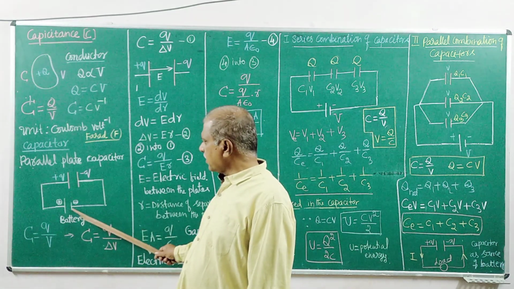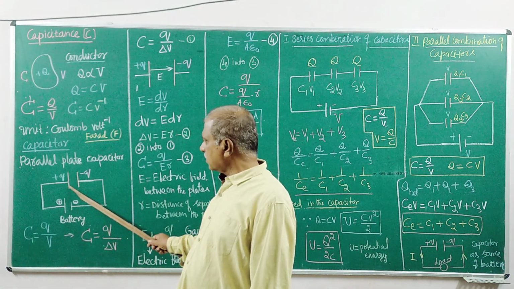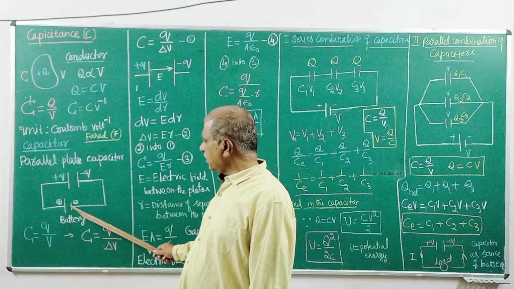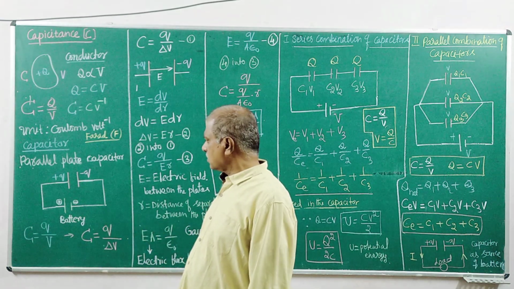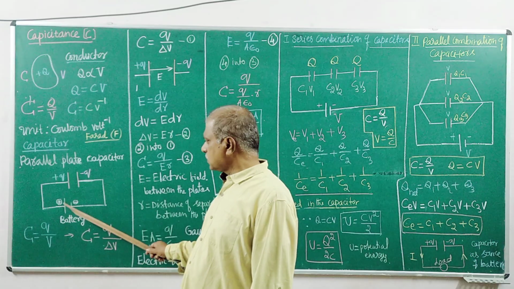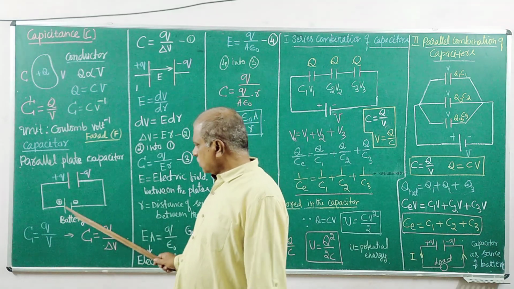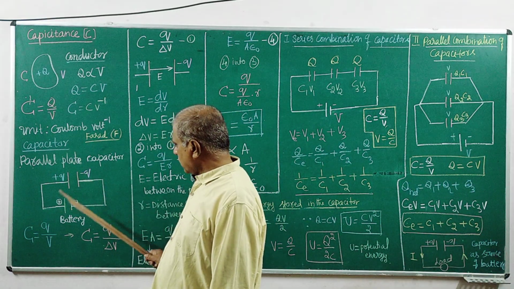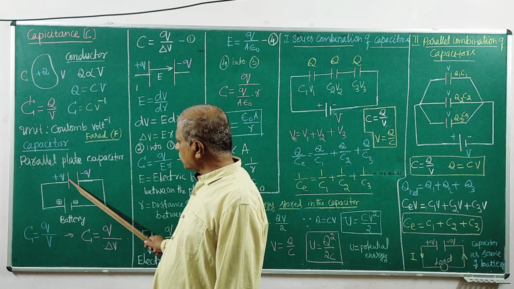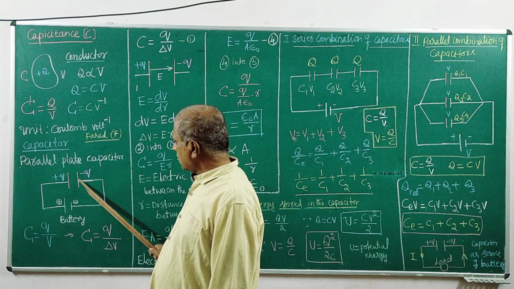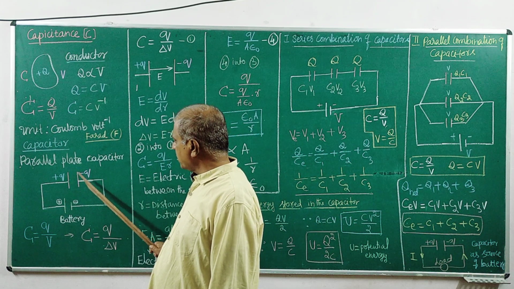But what happened to the conductor when you apply the battery? Charges are accumulated on the plate. That is a negative source, positive source. So this battery will make this plate accumulate positive charge and this plate accumulate minus charge.